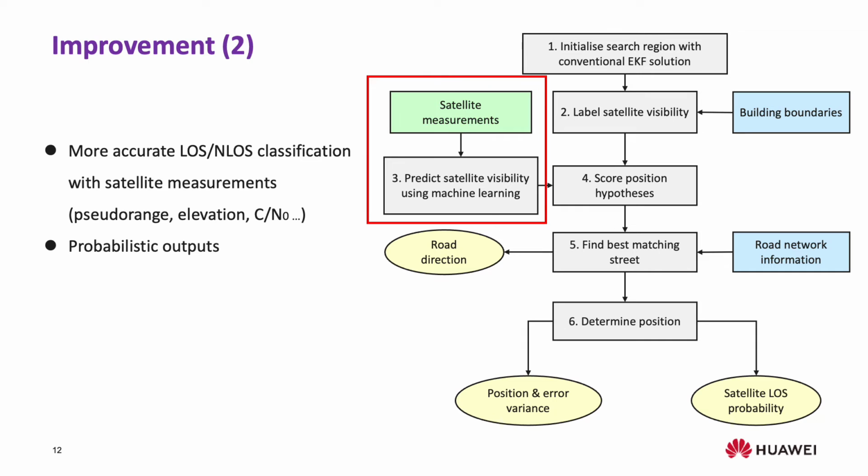This includes pseudo-range residuals, elevation and signal-noise ratios, and so on. The probabilistic outputs of the neural network will help the scoring in the next stage.